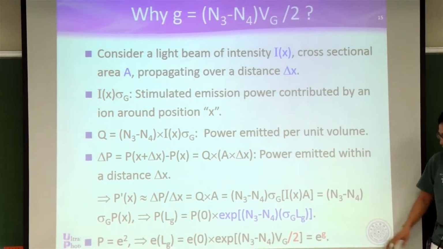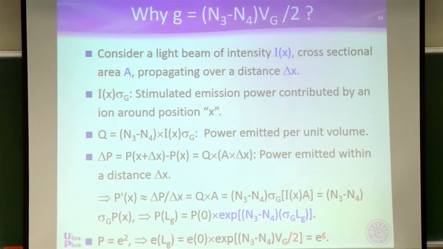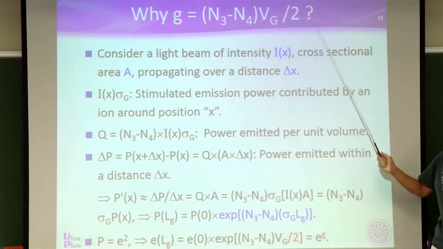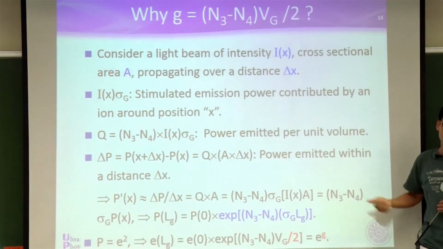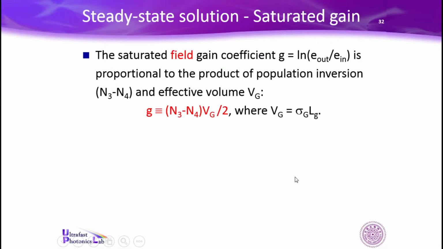Then you got the answer: the gain coefficient g is equal to this one, fully justified in this slide. So now, this formula is no longer a mystery, but a fully justified formula.